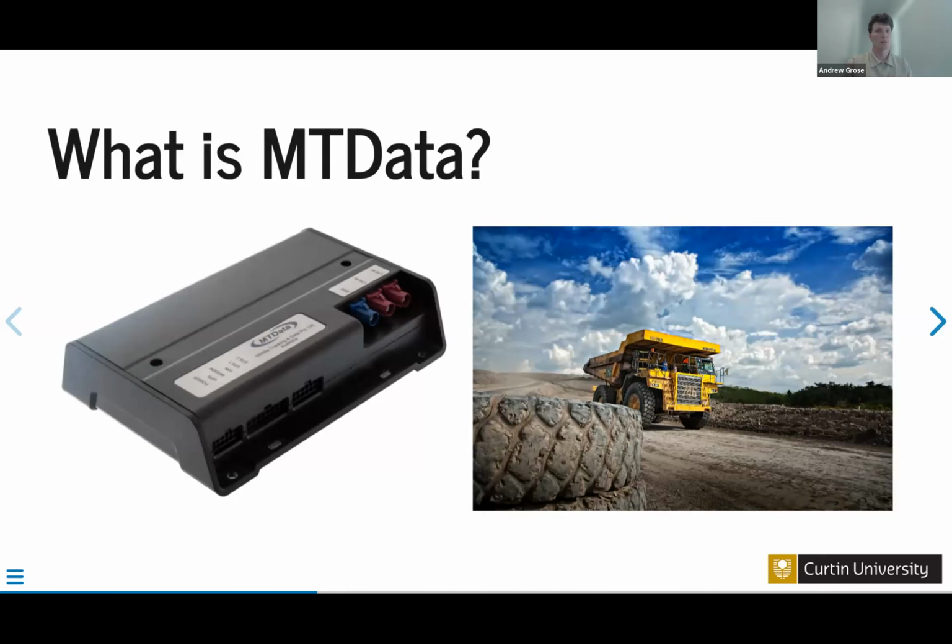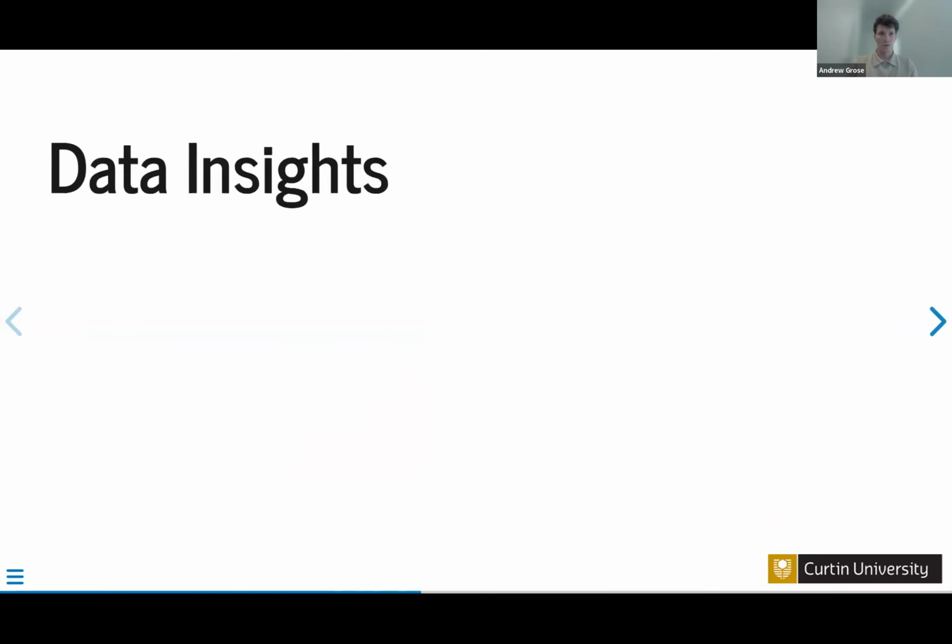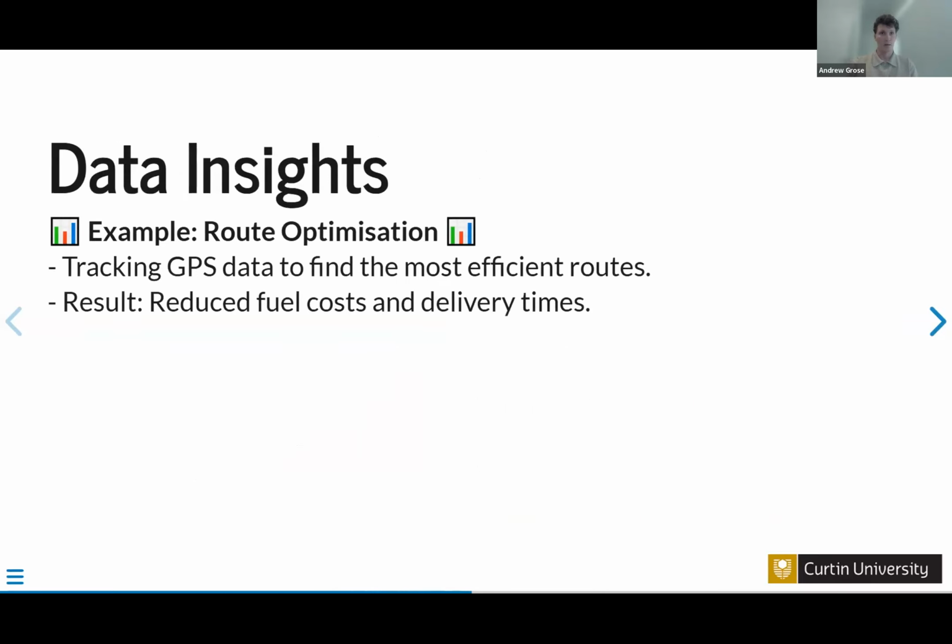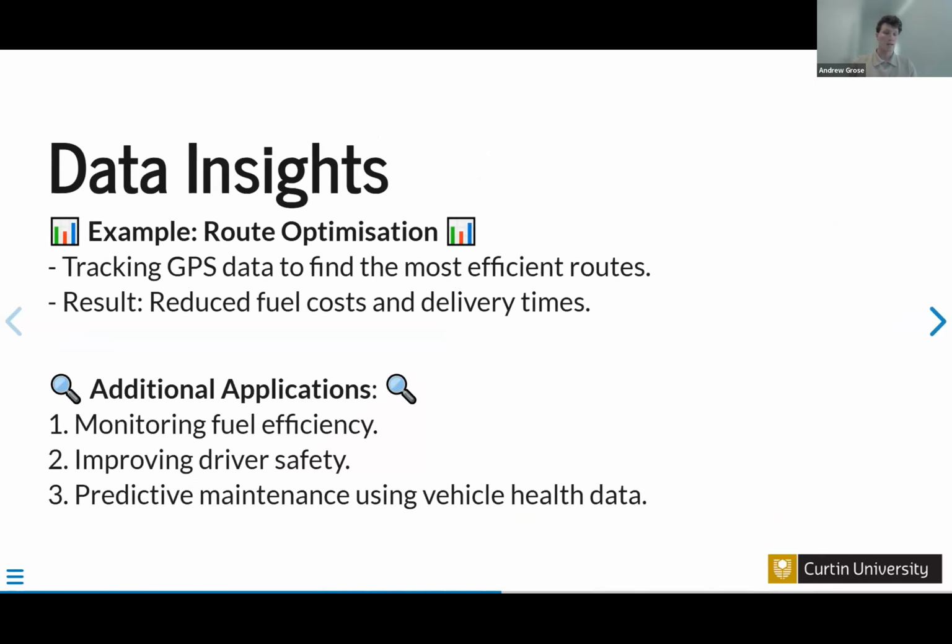So this includes things such as GPS location and driver behavior, vehicle performance, like fuel usage, odometer, RPMs, and just a huge amount of data. So here are some examples and applications of using MT Data to optimize operational efficiency. I mean, there's just so much data and so many opportunities.